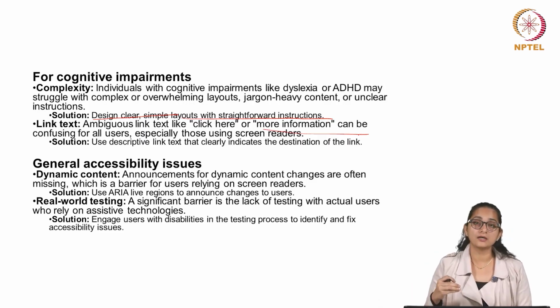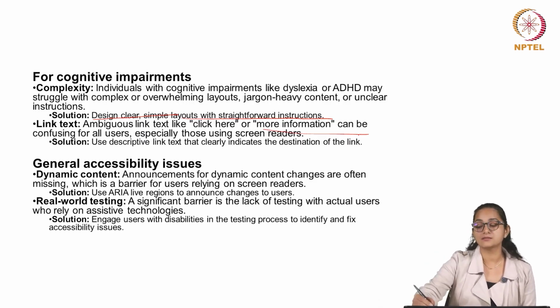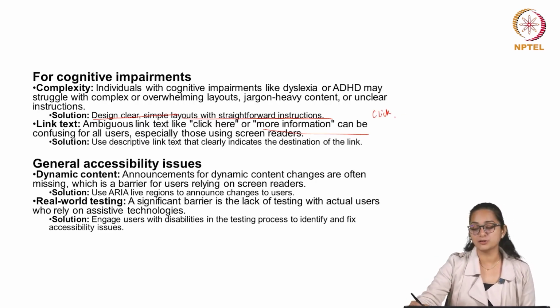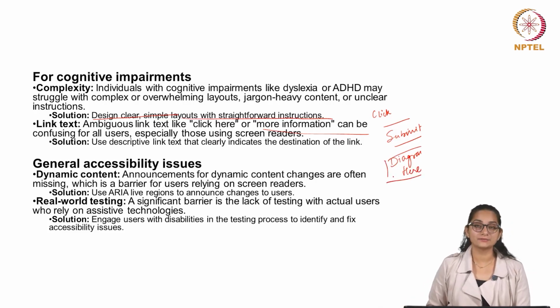Keep it meaningful. So, for example, if the click here is meant to submit, it should rather say submit, or if click here is actually leading you to a table or a statistical diagram, it should say diagram here, right, instead of click here.